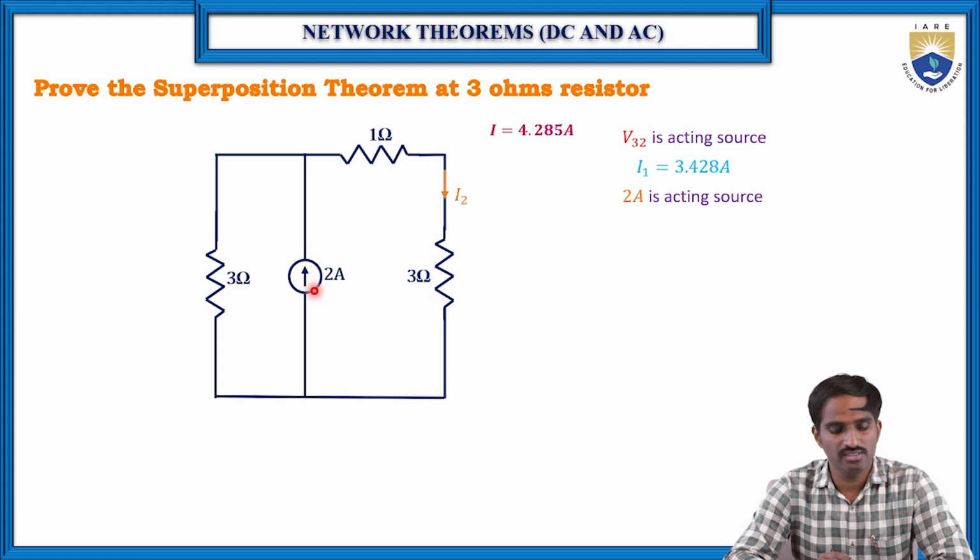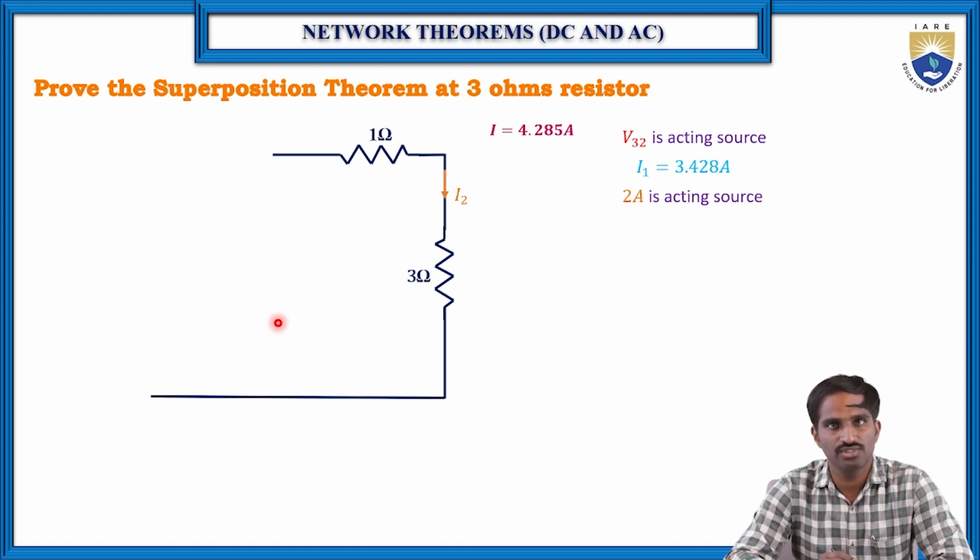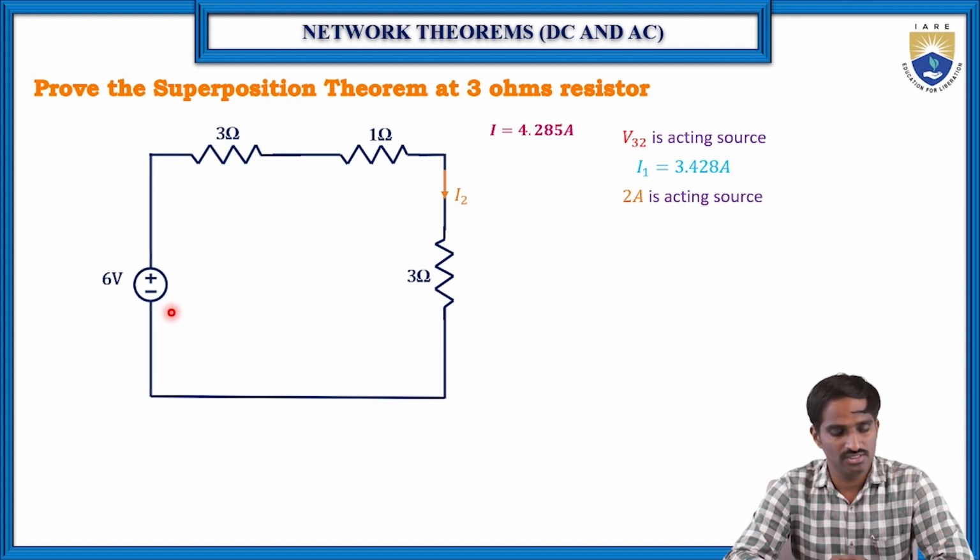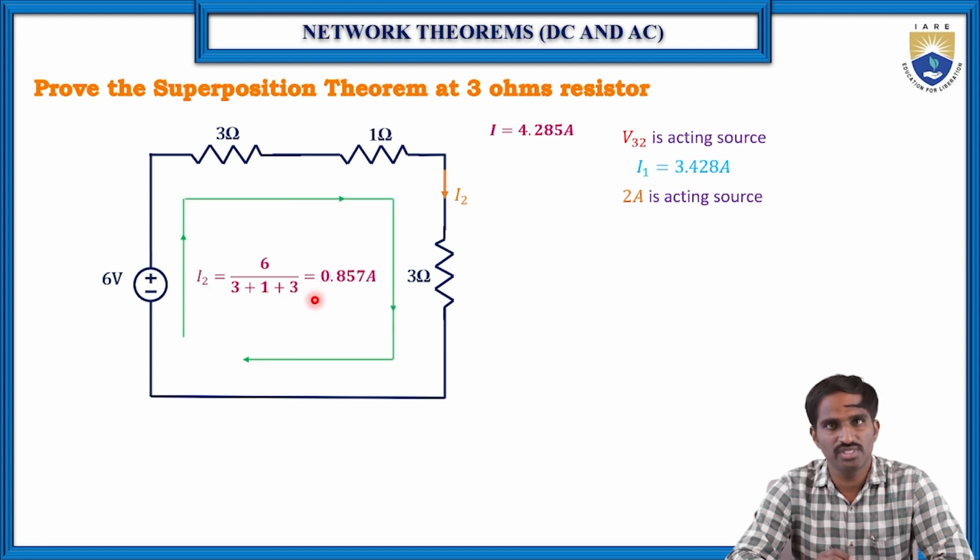Then we can convert the current source into a voltage source by source transformation, which becomes 6 volts in series with a 3 ohm resistor. Now you can find the current I2, which is equal to 6 by 3 plus 1 plus 3, or simply by loop analysis.